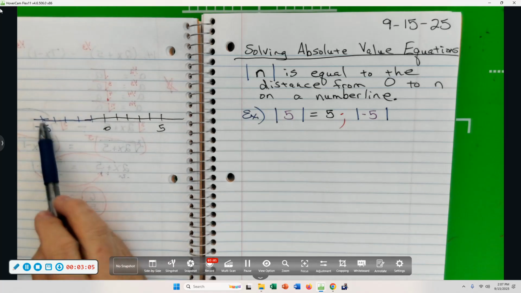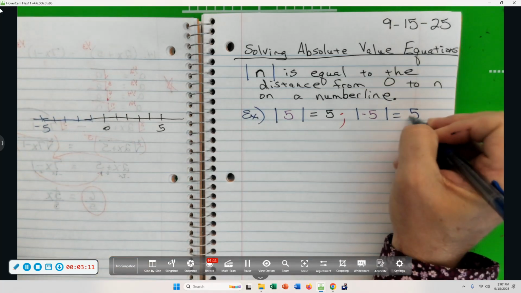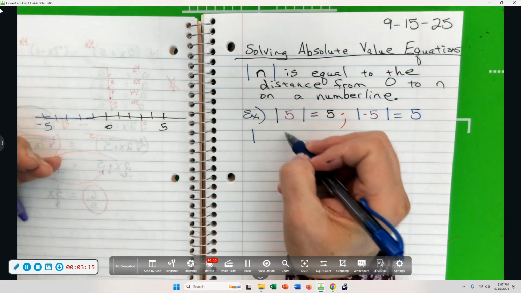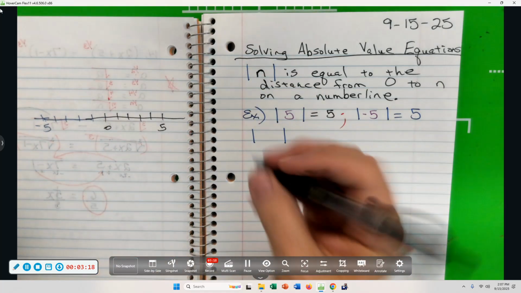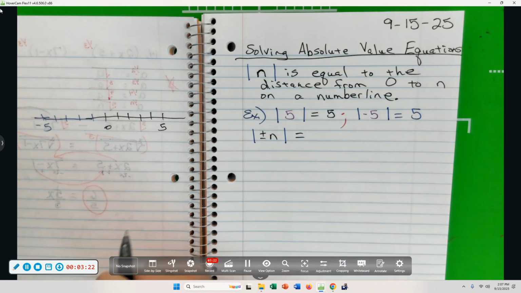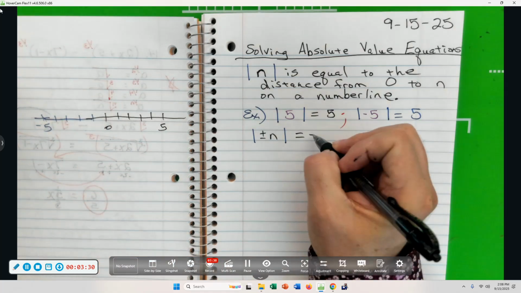But when you count, the distance is still a +5, correct? So it doesn't matter whether you have a positive or negative number inside those absolute value bars. When you take the absolute value, you're going to get what? Okay, that positive n.